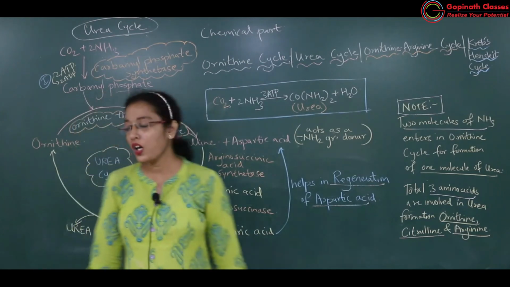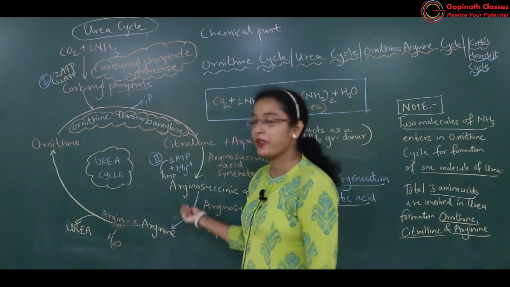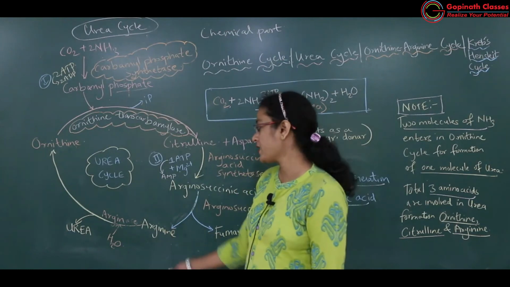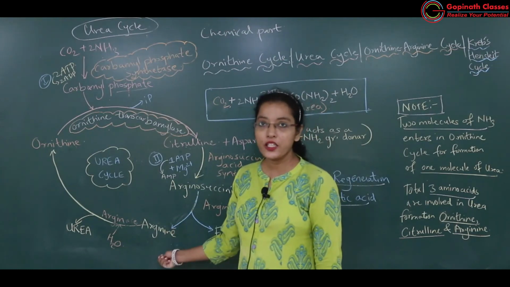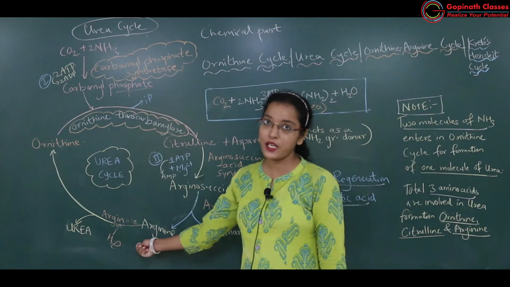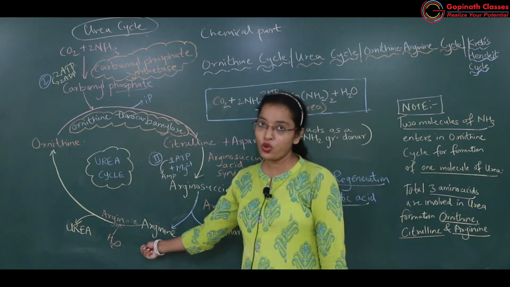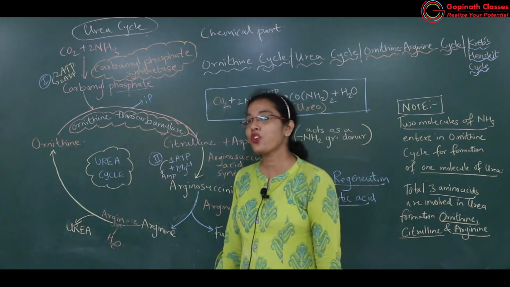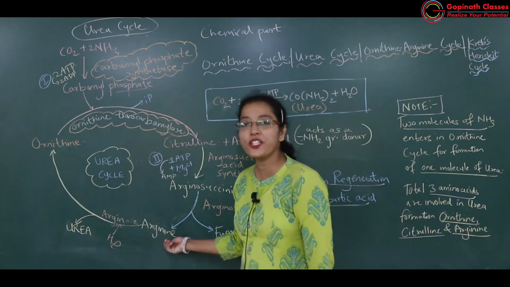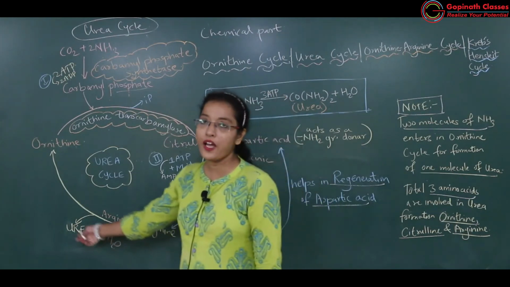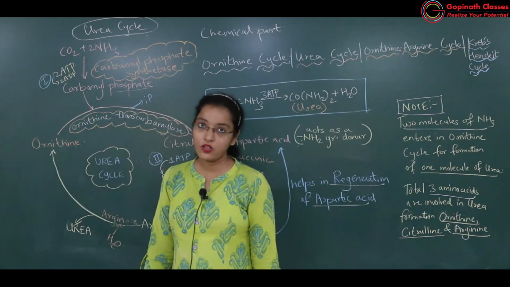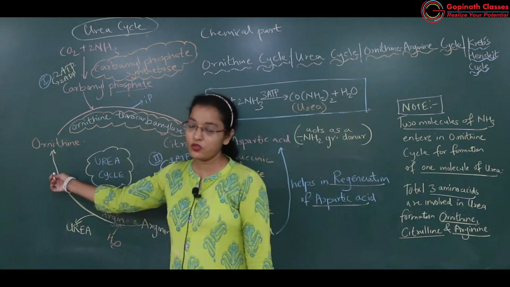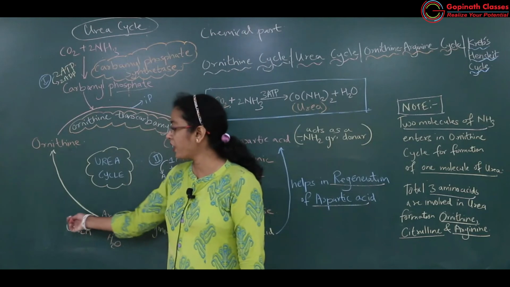Okay. Now, the other product which is formed due to splitting of arginosuccinic acid is arginine. Arginine, in presence of arginase enzyme and 1 molecule of water, splits into urea and ornithine. Okay. Likewise, urea is formed.